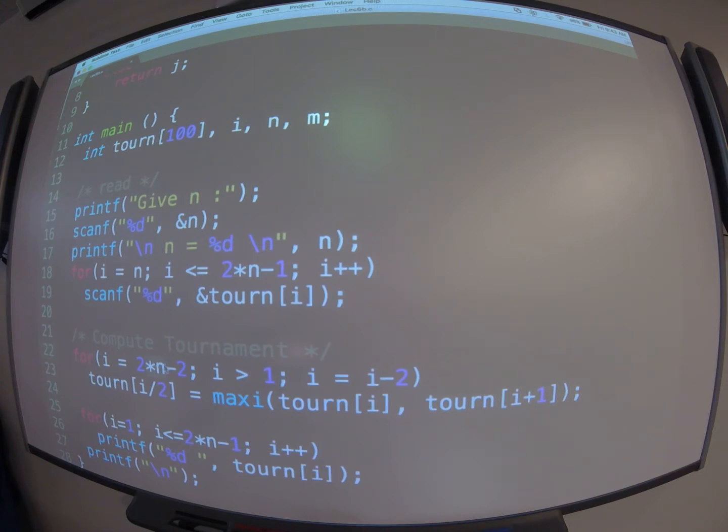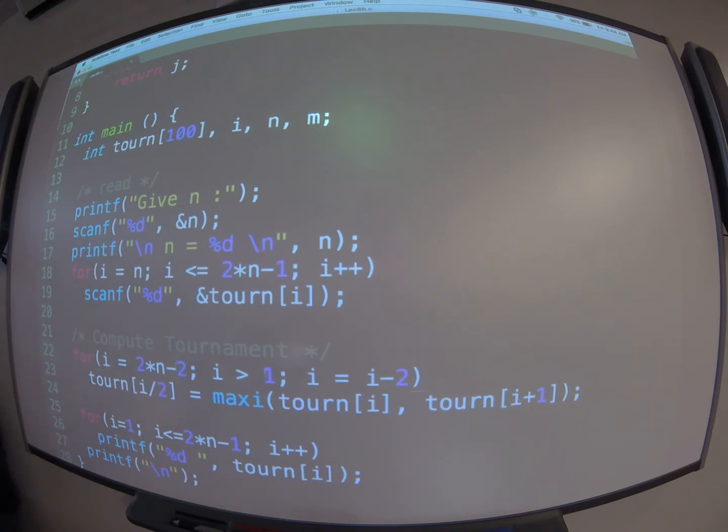So let's say I had 15 elements. We go from 0 to 14, right? Not really 1 to 15. That's why I have 2n minus 2 over here. Is that clear why? Because we have 2n minus 1 elements, but the index starts from 0.